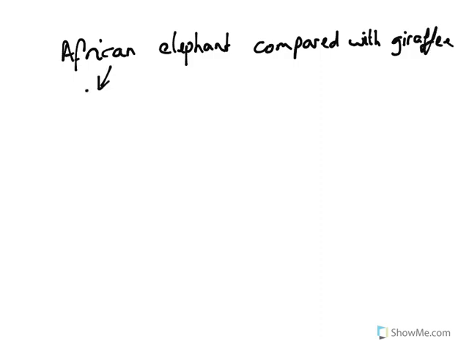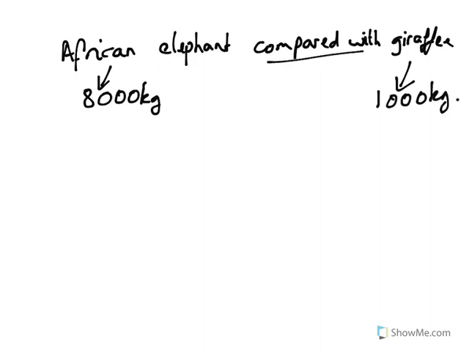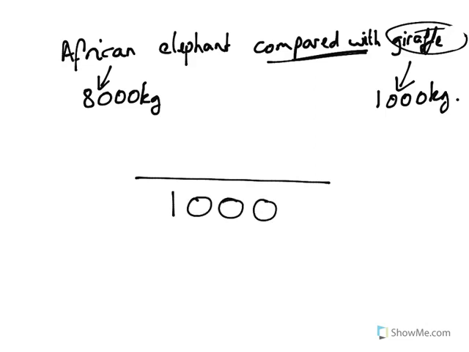Well, the African elephant we know weighs 8,000 kilos, and the giraffe weighs only 1,000 kilos. Compared with, the giraffe comes afterwards, so the giraffe is the one that's on the bottom here. It's always easier to start with that so you don't make a silly mistake and put the African on the bottom, because we're comparing it with the giraffe and therefore the giraffe goes on the bottom.